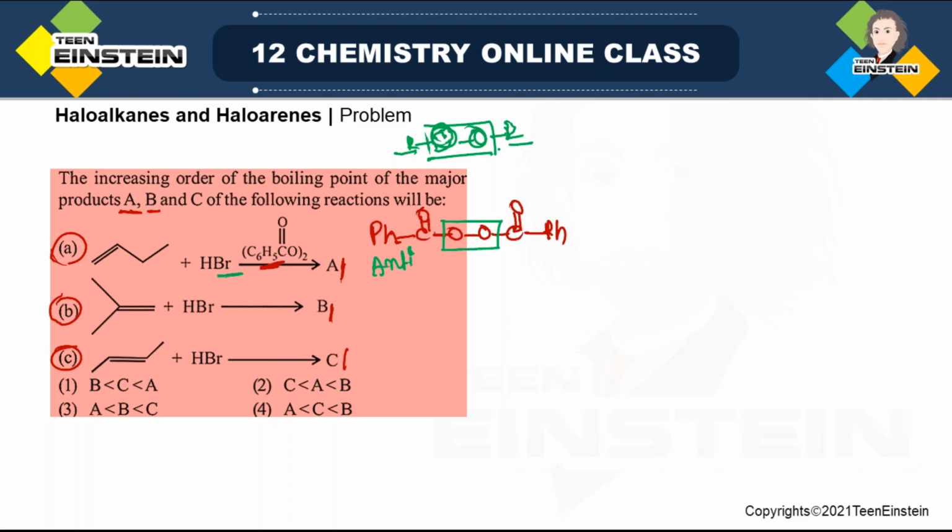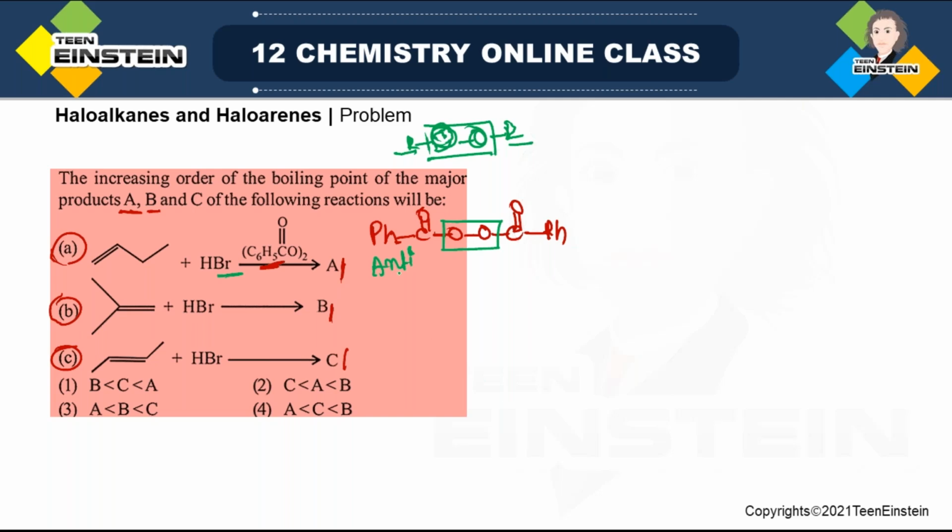because now the mechanism is not an ionic mechanism. In the previous slide what I have shown you is the ionic mechanism: first there is formation of a carbocation and then Br minus is added. But when it is peroxide, it is basically a radical mechanism, a completely different mechanism. So that is why it is now anti-Markovnikov.